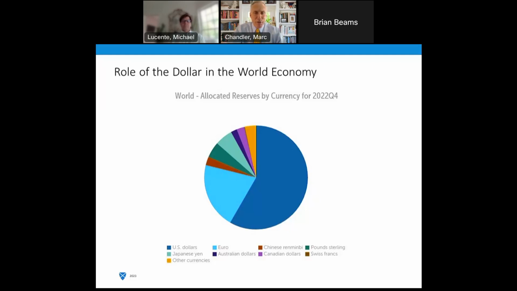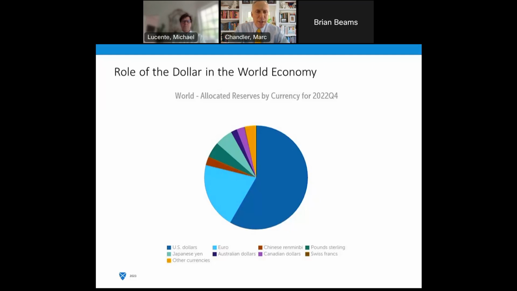Many countries have surplus savings, maybe from their trade surpluses, and they need to store them someplace. Foreign central banks hold foreign bonds as reserves, which means in the US's case, US Treasuries. So it's dollar-denominated instruments that make up about 60% of the world's reserves.